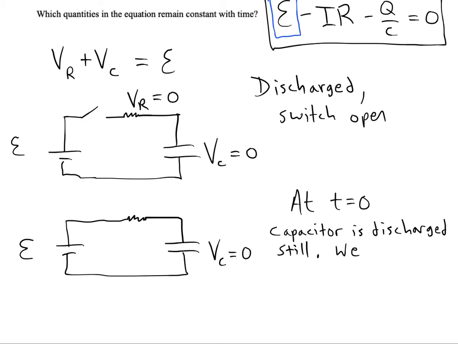But now we need for VR plus Vc to equal the EMF. So therefore, VR, the voltage across the resistor, must equal the EMF of the battery at this time.